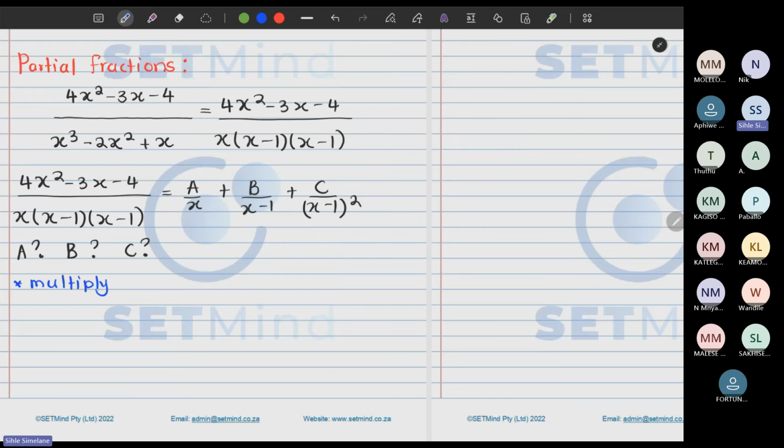We will multiply the right-hand side and left-hand side with the common denominator.